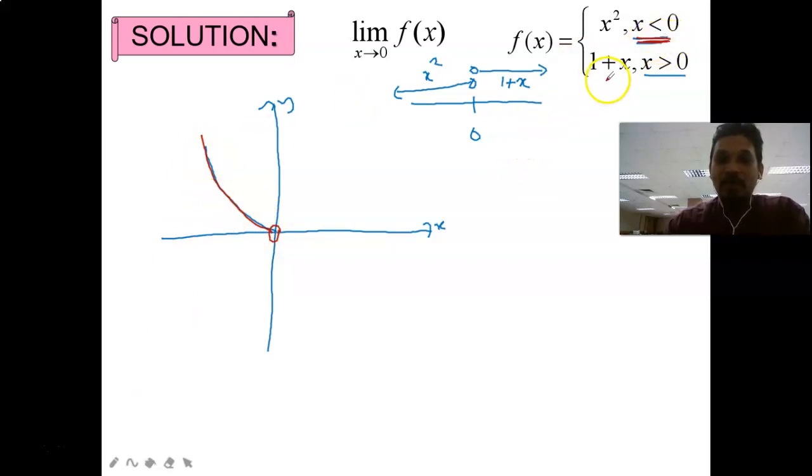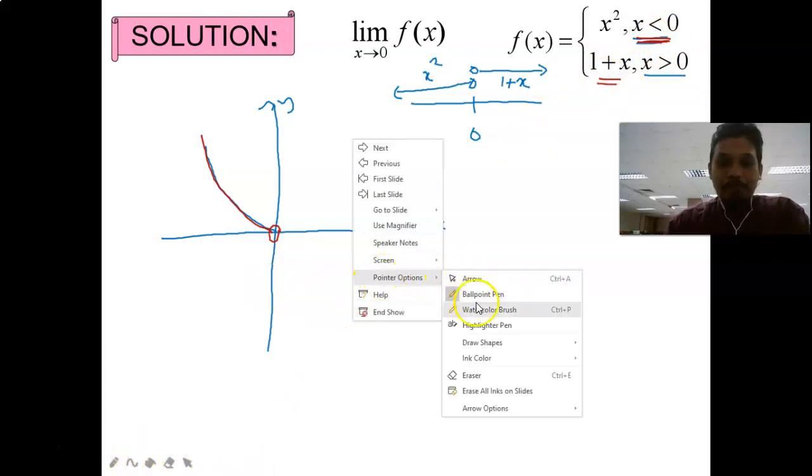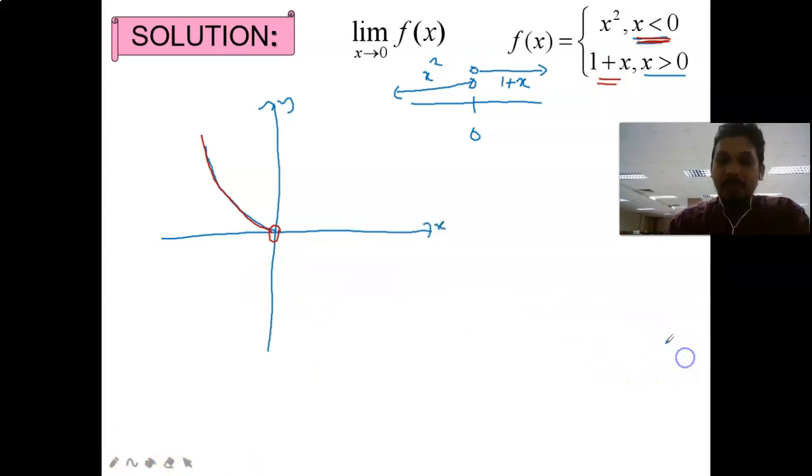And for this function, when x equals 0, y equals 1. And when y equals 0, 1 plus x equals 0, then x equals negative 1. So the graph is a straight line, something like this.